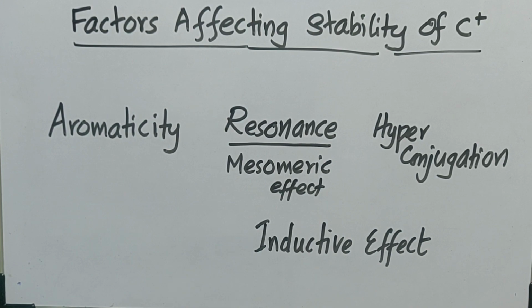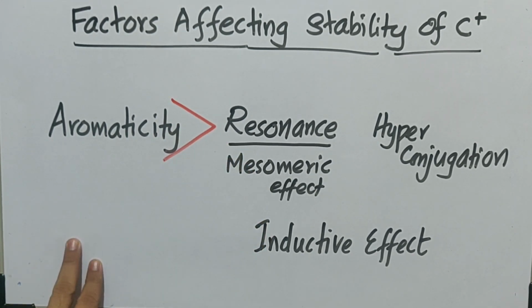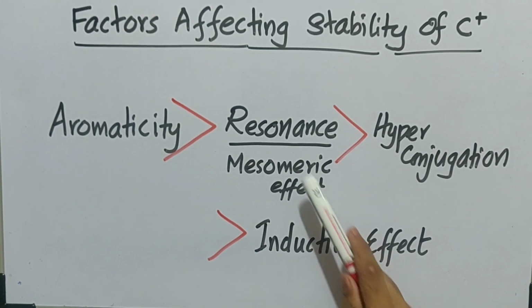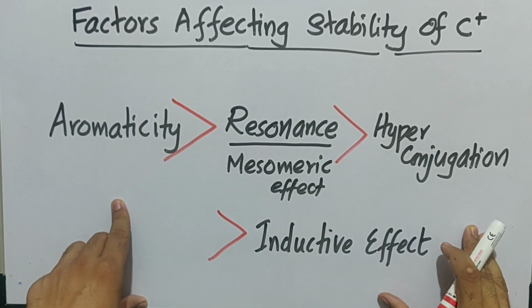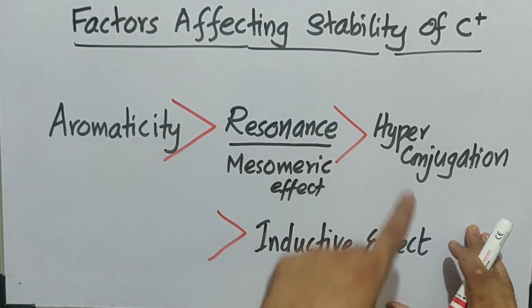The decreasing order of effect is aromaticity greater than resonance or mesomeric effect, greater than hyperconjugation, greater than inductive effect. Resonance or mesomeric effect, hyperconjugation, and inductive effect are very important for the NEET examination. We are going to discuss many species to understand the effects of these four factors.